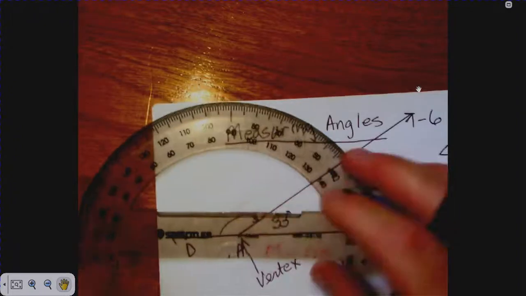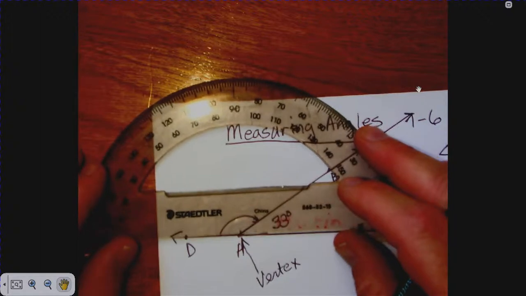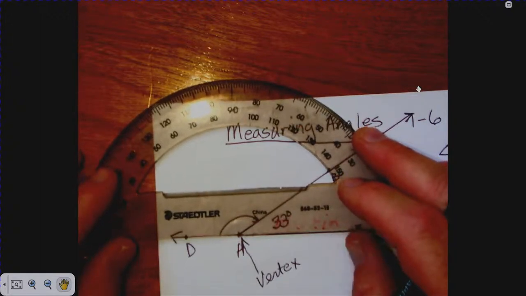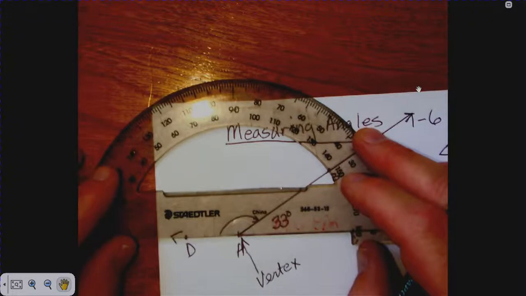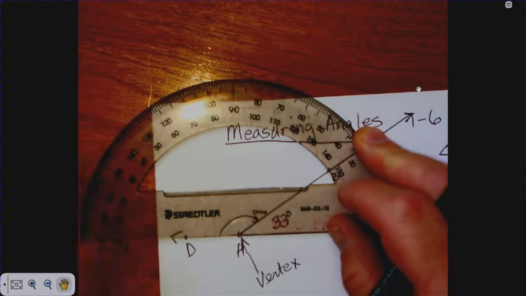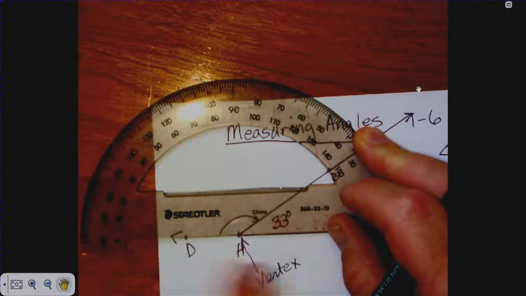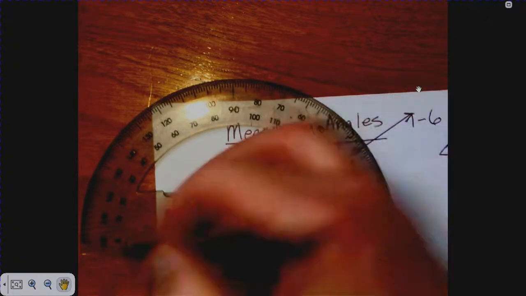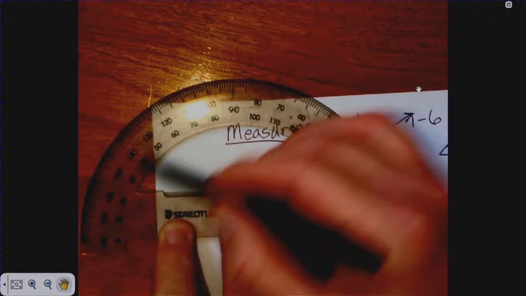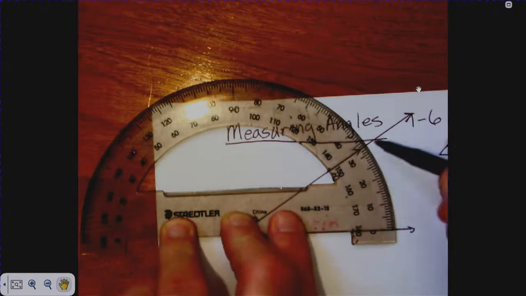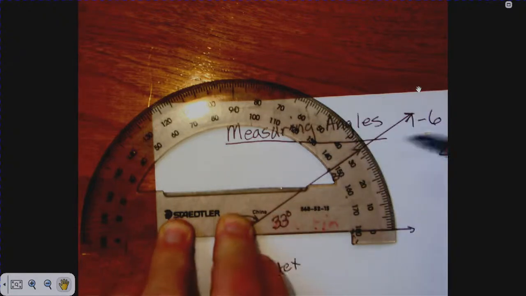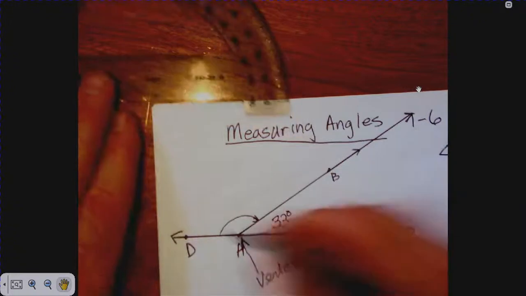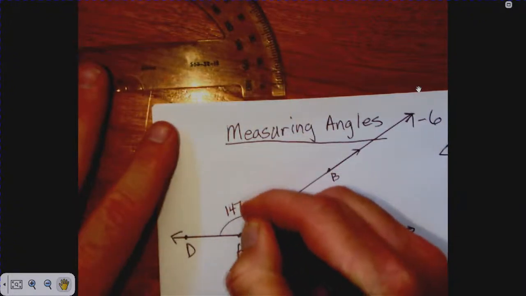If I put the protractor this way, I'm going to line it up again at the common endpoint A. I'm going to go out there to D, make sure everything's straight and lined up. I can't go out too far here, but that's good enough. Then I can measure the angle here as 0, 10, 20, 30, 40, and so forth, out to 147. So this angle is 147 degrees.